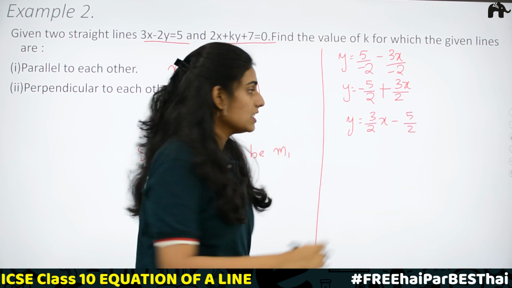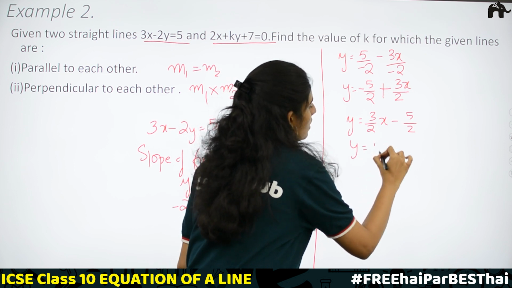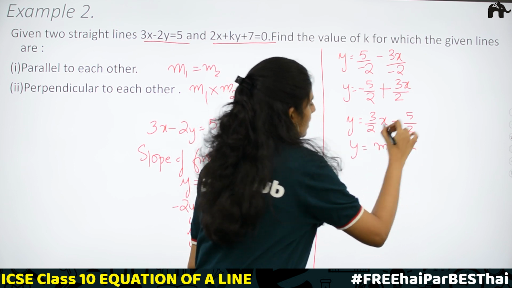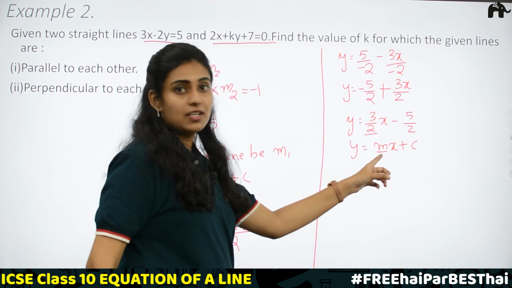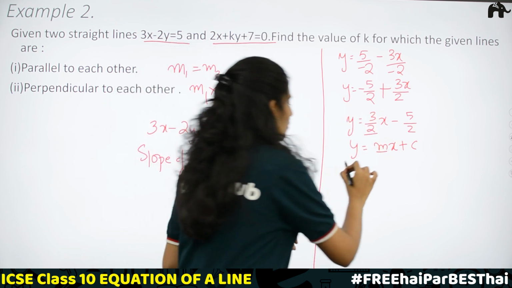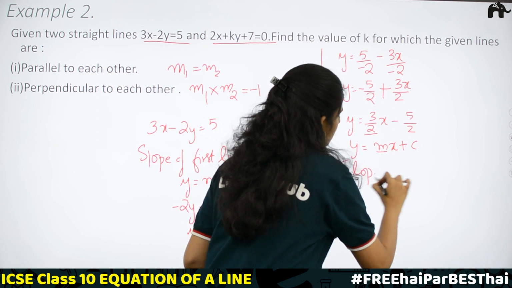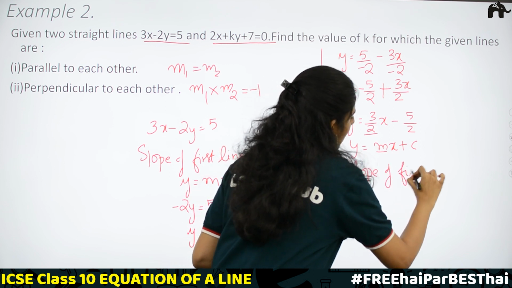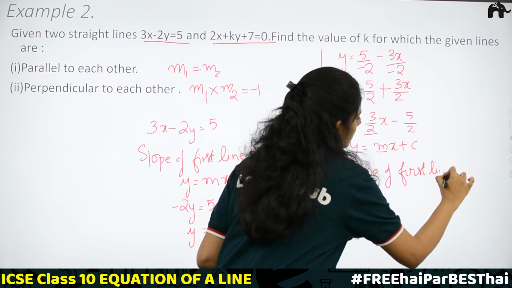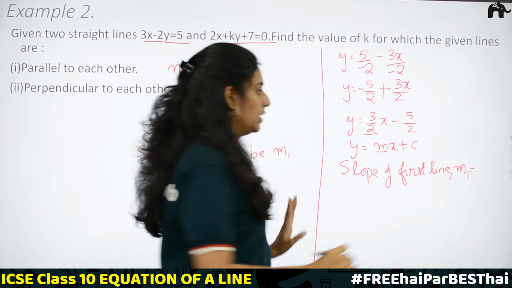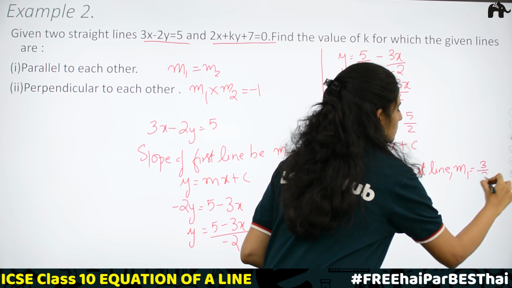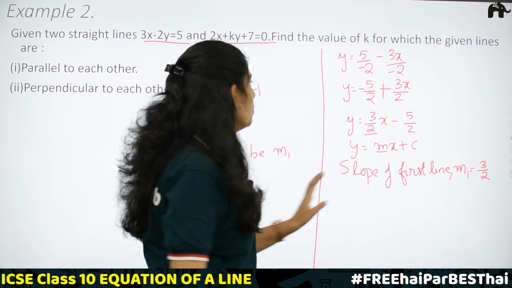Now comparing this with y is equal to mx plus c, in place of m, here we have 3 by 2. What is m? m is the slope. Therefore, the slope of the first line m1 is equal to 3 by 2. Similarly, we'll find the slope of the second line.